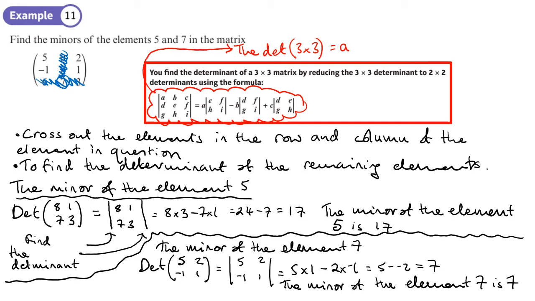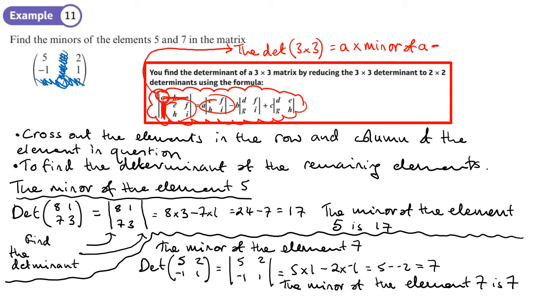Element A is going to be the very first one up in the top corner. And we multiply it by its minor, the minor of A. That basically means work out the determinant of the elements that are left. So if I cross out those and cross out those, you can see that I've got E, F, H, I. I work out the determinant of that.